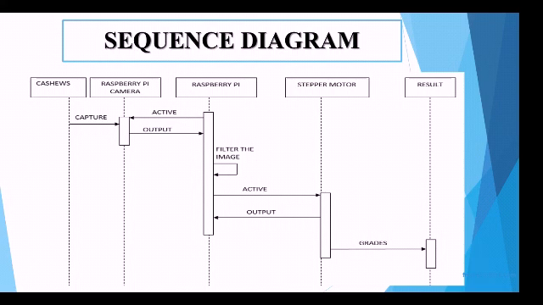The sequence diagram of this project is that the cashews are captured by the Raspberry Pi camera, and it will again and again capture the image.